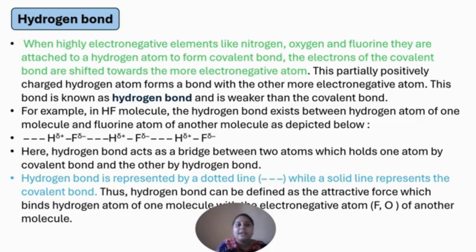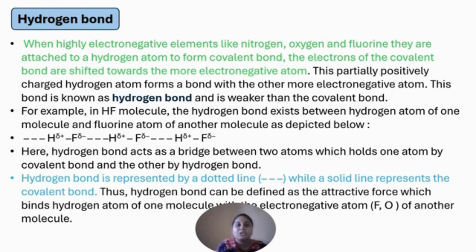This is known as the hydrogen bond. So one is the electronegative atom which bonds with the hydrogen, like HF, and these hydrogen bonds act as a bridge between the two atoms, which holds one atom by covalent bond and the other by the hydrogen bond. And the hydrogen bond is represented by a dotted line while a solid line represents a covalent bond.